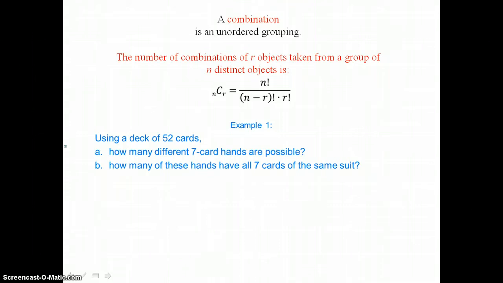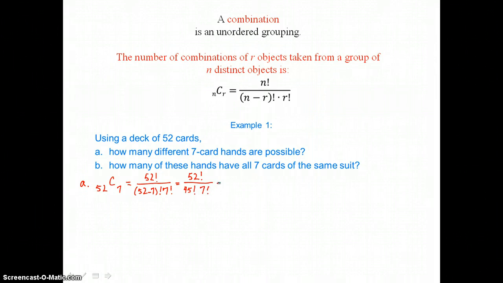So we'll write a combination because we want to take 7 cards from 52, so that's 52 choose 7, or that combination is 52 factorial divided by 52 take away 7 factorial, 7 factorial. 52 factorial over 52 take away 7 is 45 factorial, 7 factorial.